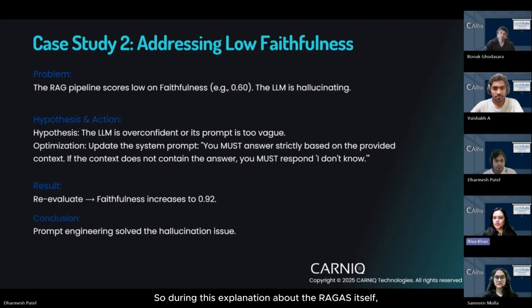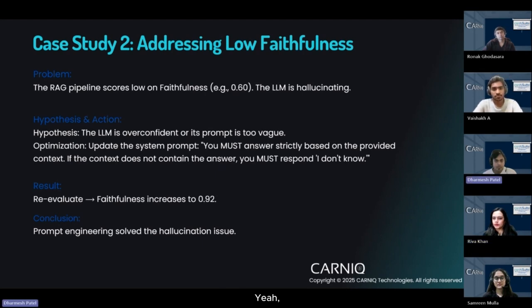During this explanation about Ragas, we also heard something about the ground truth. How are these ground truths created for the test purpose? Yeah, ground truth is the gold standard answer you expect the system to give you. So at the end, the response the LLM gives is how you expected.